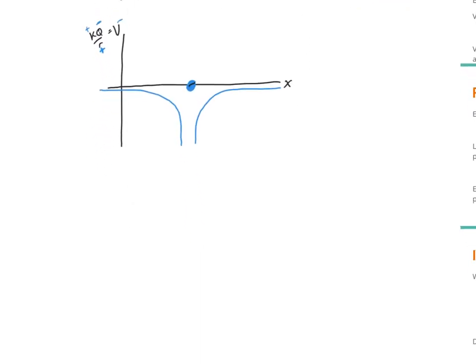Next, let's put two charges in the region. Well, if I have two positive charges, I'm going to have a red positive charge here, and I'm going to have a blue positive charge here. The red charge is going to create a voltage like this in the region.